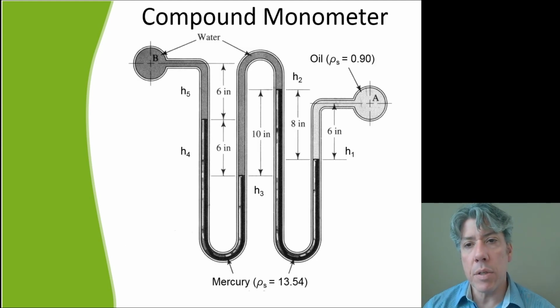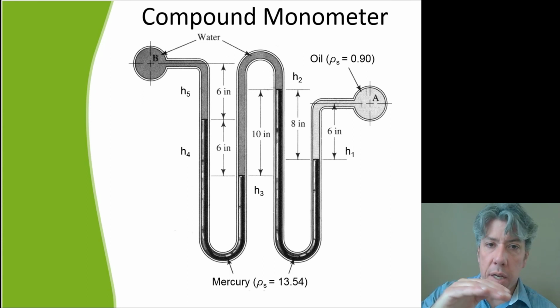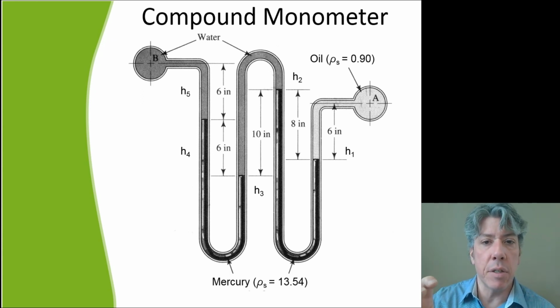But we can use this equation also to deal with a compound manometer, where basically all you really do is move down through various fluids, and that makes a corresponding increase in pressure, and if you move up through a fluid, the pressure decreases. Now, an interesting thing about compound manometers is that you can jump from one to the other.